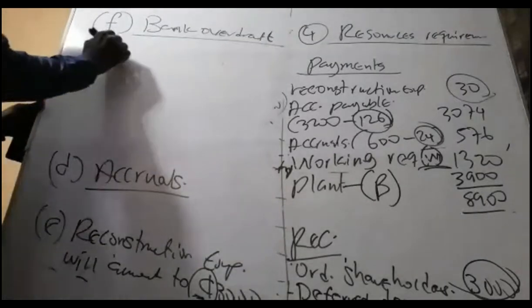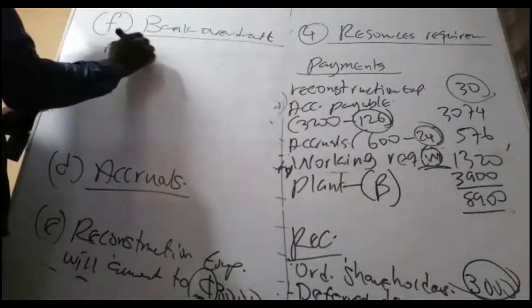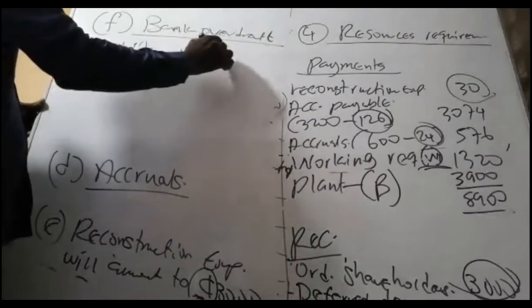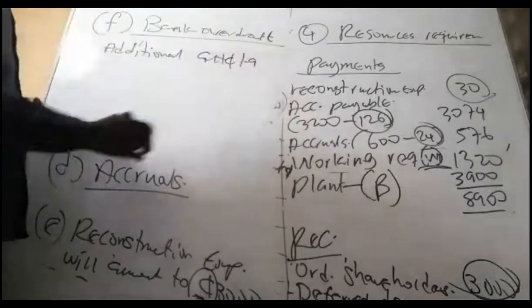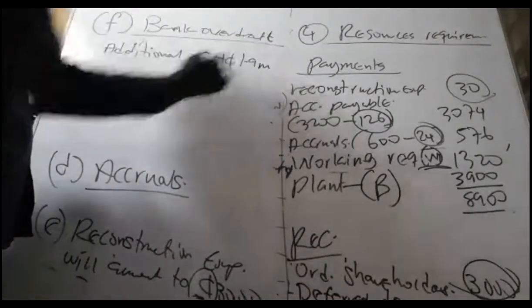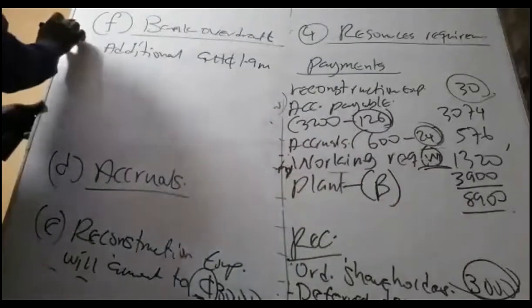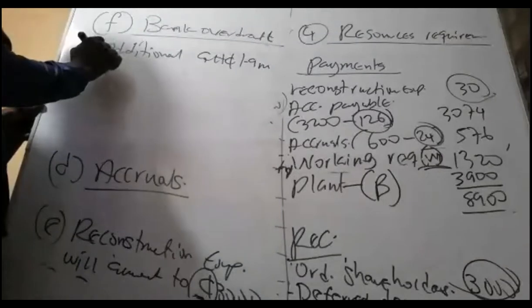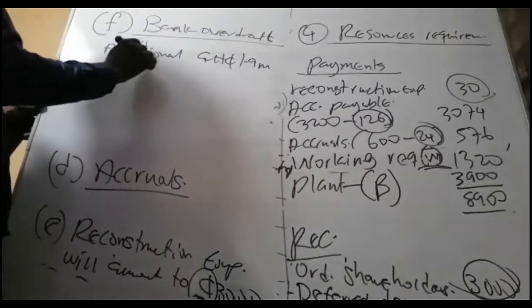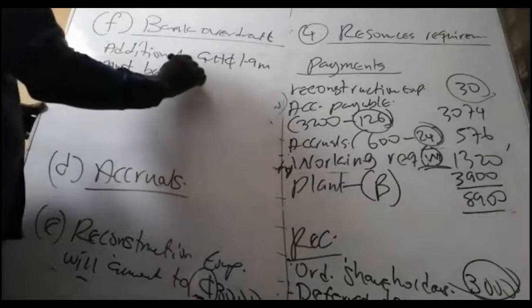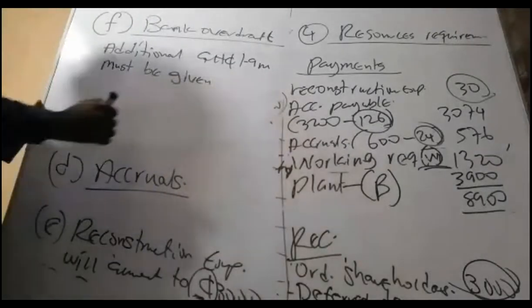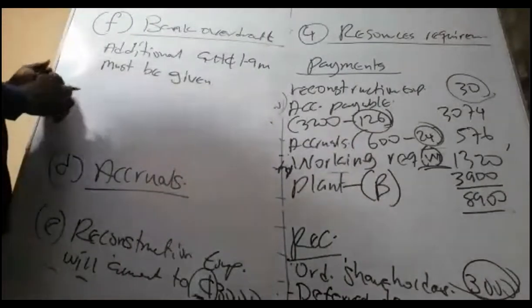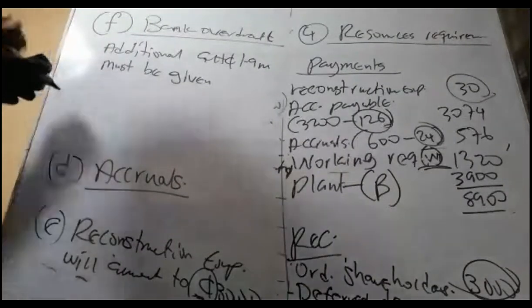Additional 1.9 million to this of the bank overdraft must be given.